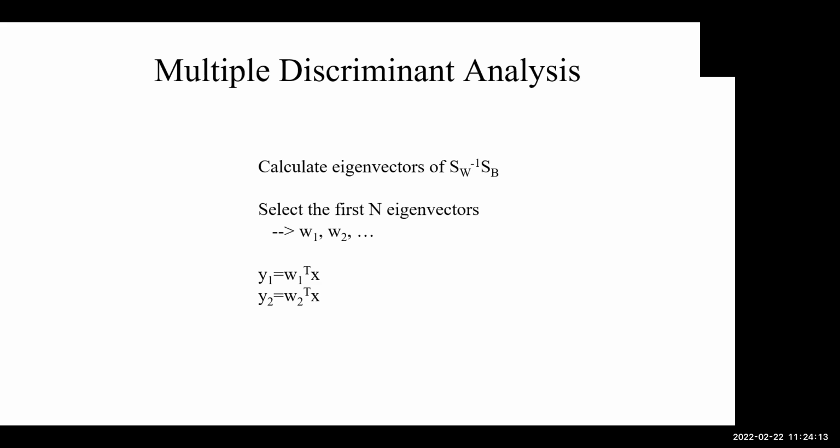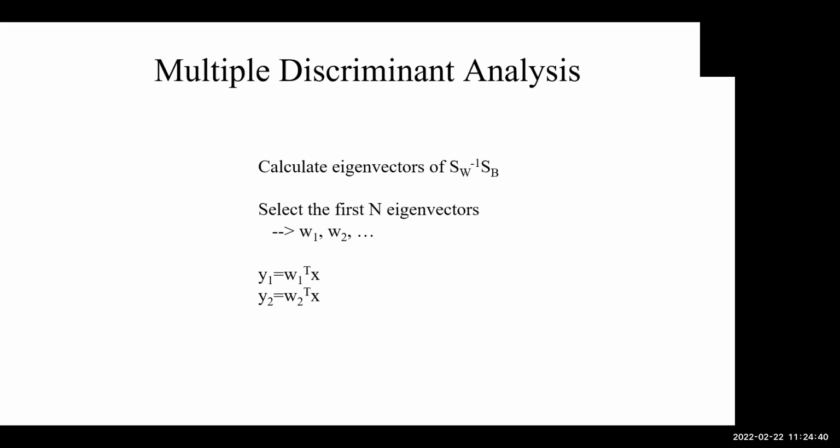And usually the programs will sort them biggest to smallest. So the first column of your W eigenvector matrix returned by your program corresponds to your first eigenvalue. Second one corresponds to the second, third one corresponds to the third, and so forth.